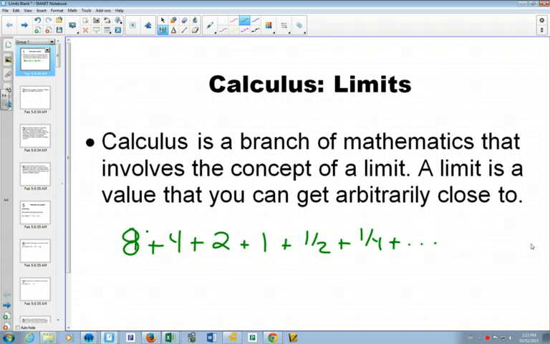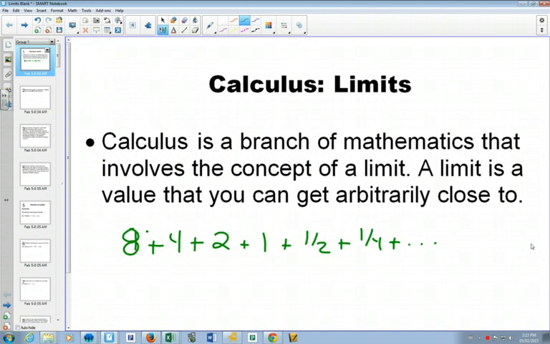Now, if I were to do this 1,000 times, I would get really, really close to the wall, but I still wouldn't be there. But the idea of a limit says if you were to do it forever, I would eventually be so arbitrarily close to the wall that you'd basically say I was at the wall.